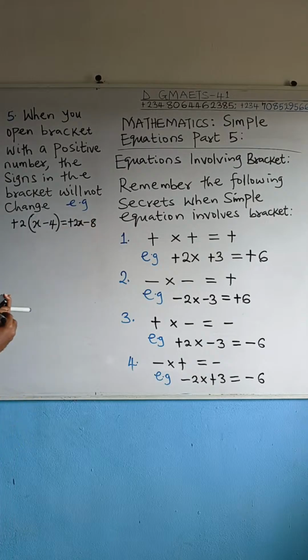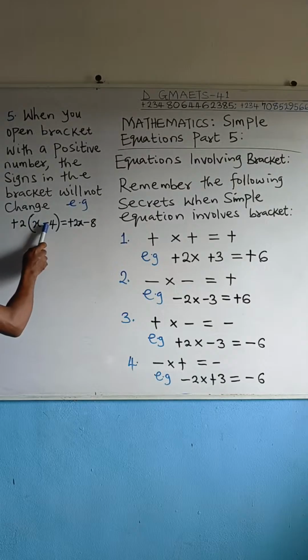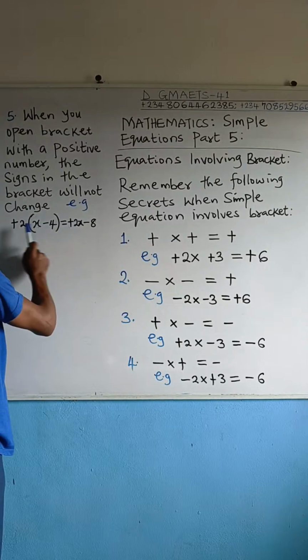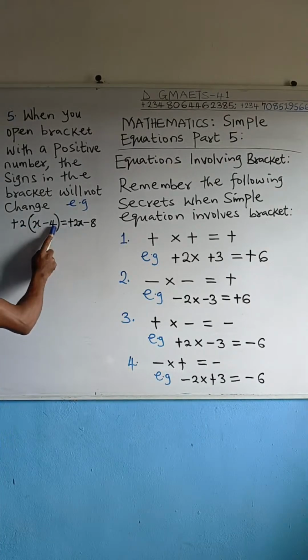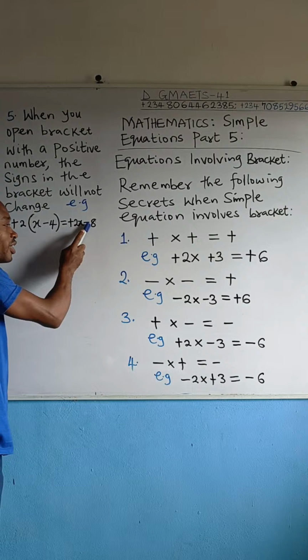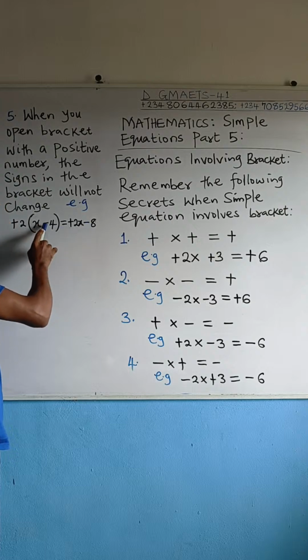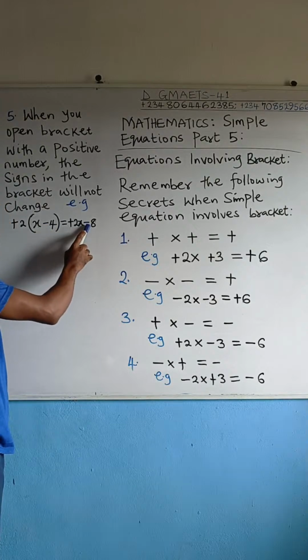Did you notice something? Inside the bracket, the signs we have there are plus and minus, because this x, the sign is plus. When you multiplied 2 by this x, you still have plus 2x. Then this 4, the sign is minus. When you multiply these 2 by that minus, the sign of the answer you got did not change. That sign in the bracket remains minus. Are you following?